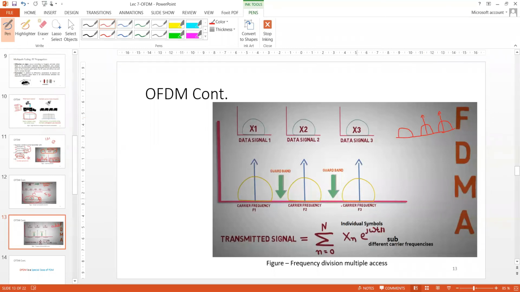However, in order to overcome the problem of inter-channel interference, because these channels might still interfere with one another, as the signal might expand while traveling across the channel and overlap with the adjacent channel, guard bands are introduced in between adjacent channels.